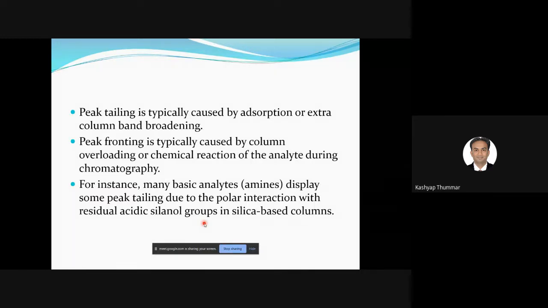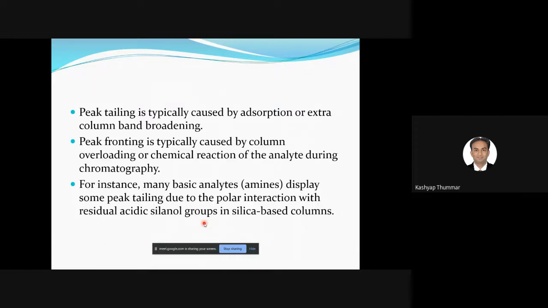For peak shape, you must have an idea about the rate theory, plate theory, and the van Deemter equation. The efficiency of chromatographic separation depends on column efficiency and solvent efficiency.